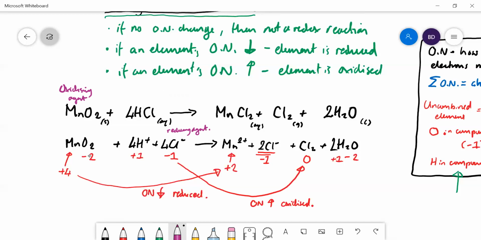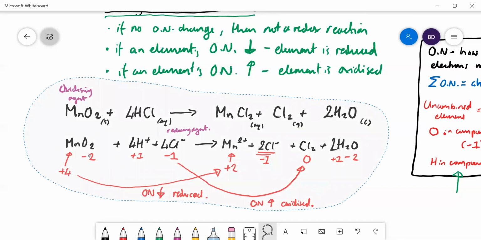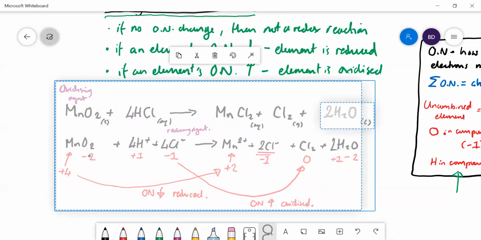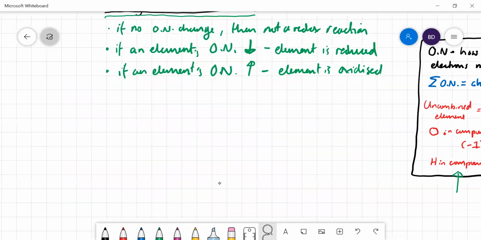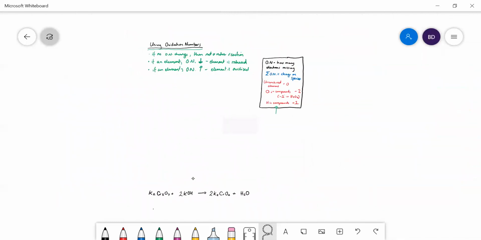Okay, so that one was a bit more tricky, and the last one I've got here is definitely more tricky. So let's get rid of that and do the last one. I've just got this one left down here.